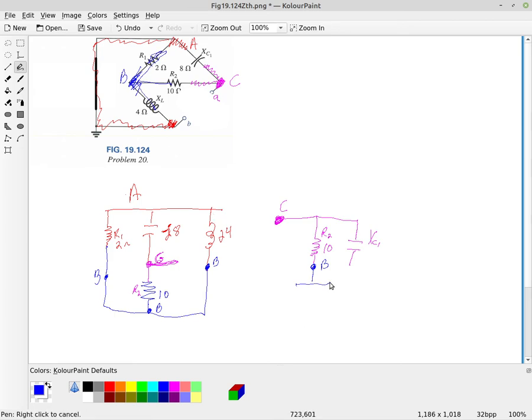So that means those two are in parallel. And again, you just need to redraw this till it looks like something you can work with. The first time you redraw it, it doesn't look quite right. You just have to redraw it till you get something a little bit better.